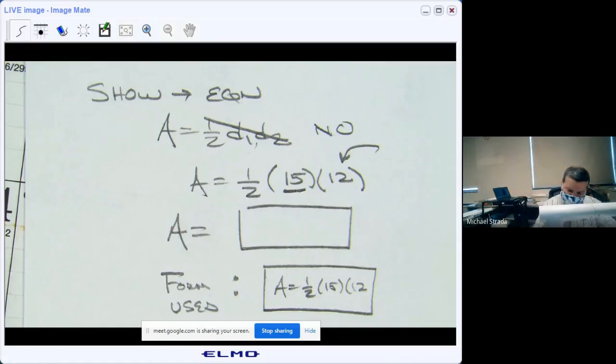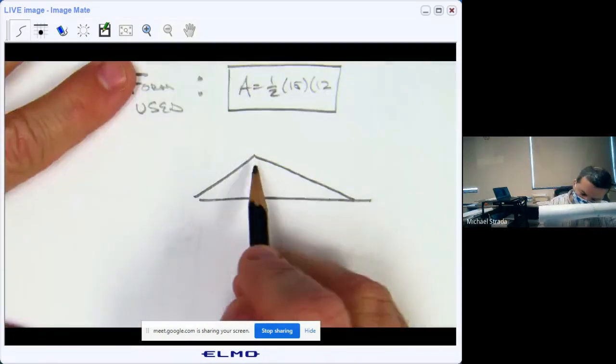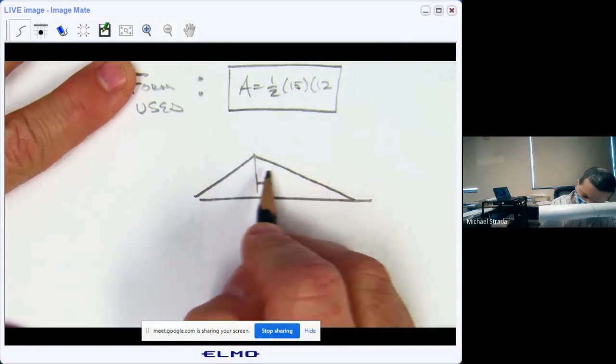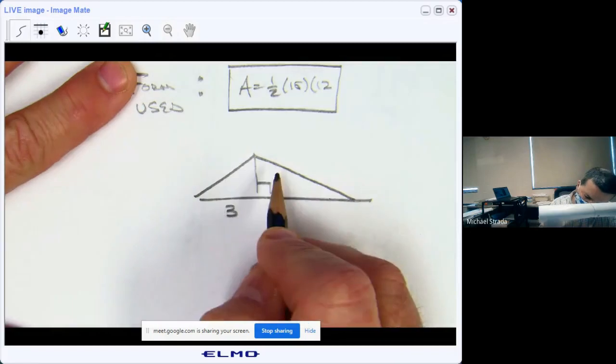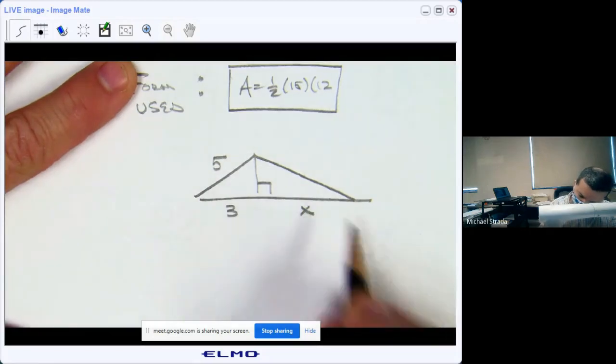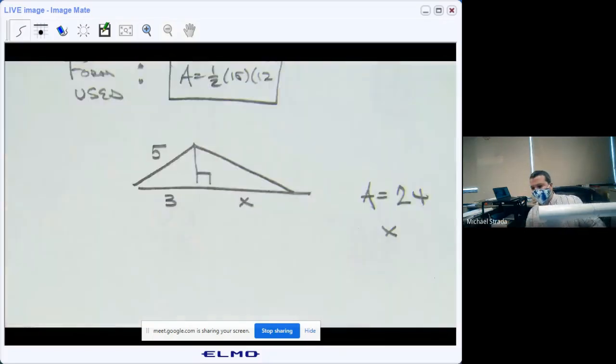Like if I gave you this figure and said this is 3, that's 5, and that's X, and the area equals 24, find X. So it might be something like that. But area is going to be involved in it in some way, shape, or form. Yes, sir.